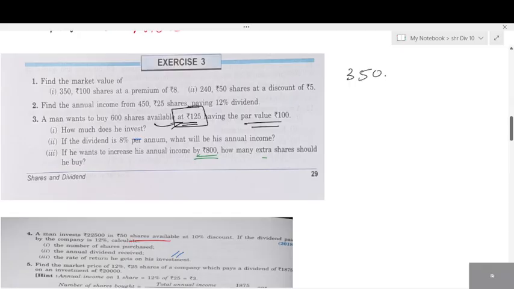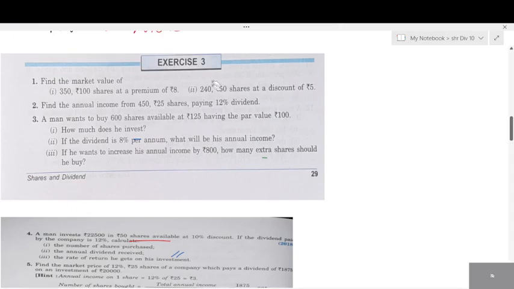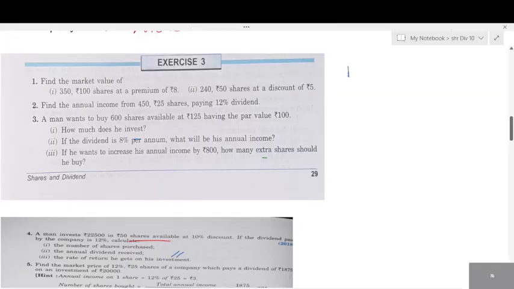So total how many shares are given? 350 shares at a premium. Look at the statement. What is the nominal value? Nominal value is 100, premium of rupees 8. What do you mean by premium, students? Let me write the number of shares first. Number of shares is equal to 350.